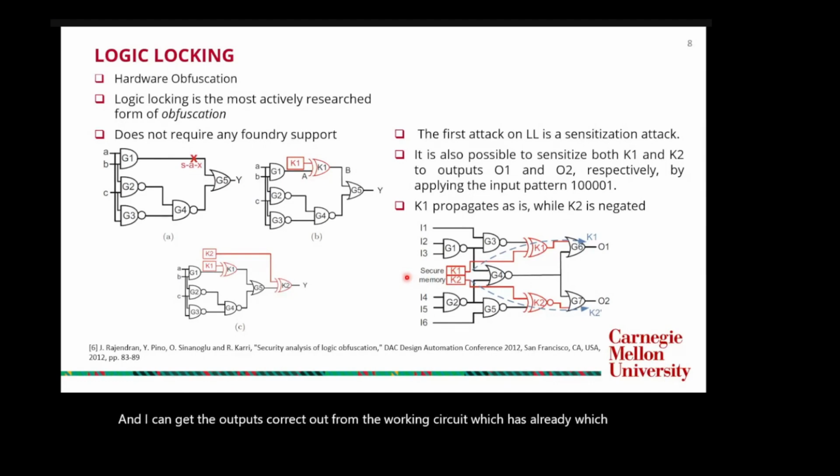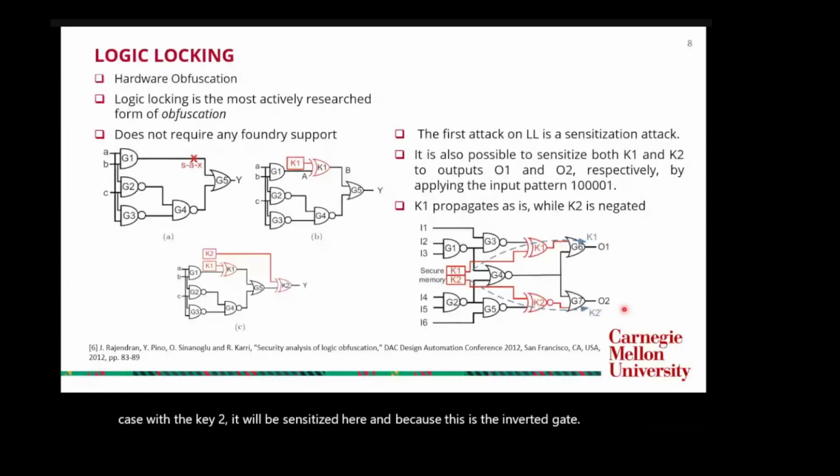So if I give the don't care here and the identified pattern, this key bit will be sensitized immediately to the output, and then I can get half of the key. Similar is the case with K2, it will be sensitized here, and because this is the inverted gate, XOR, we have an inverted output.